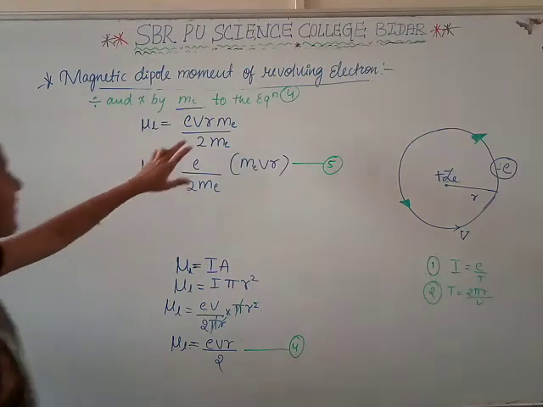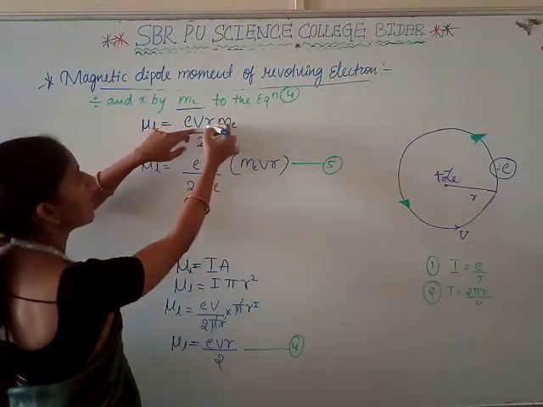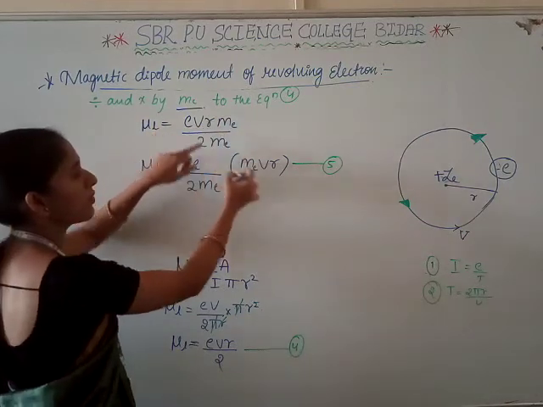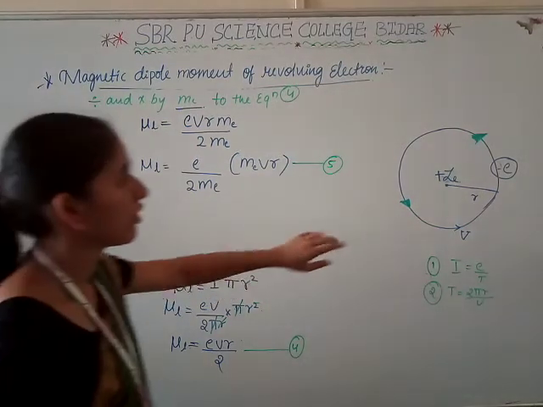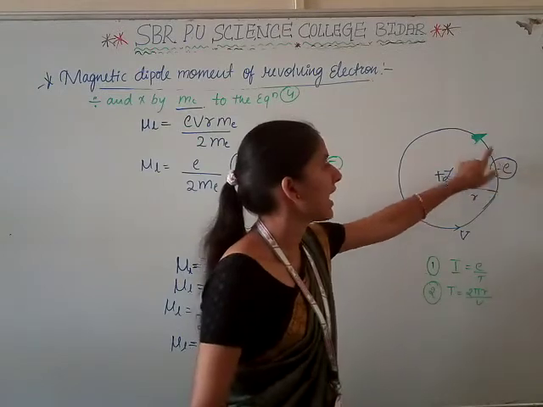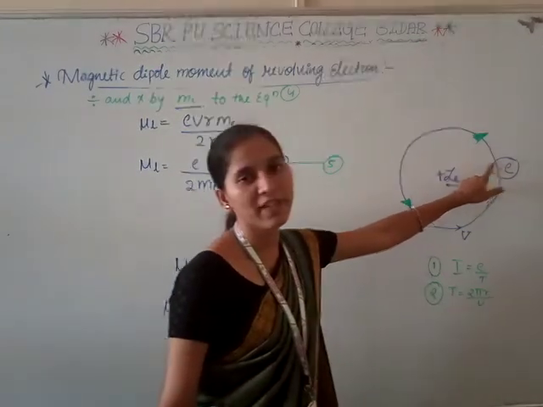Now here we are separating me, the mass of electron, r is the radius, v is the orbital speed. That me v into r is called the magnitude of the angular momentum of the electron. The angular momentum of the electron L is equal to me v r.